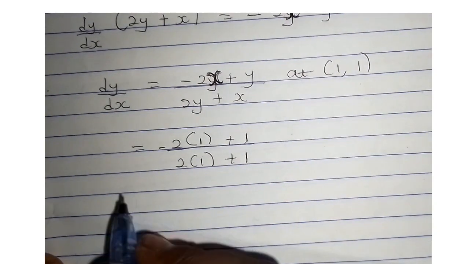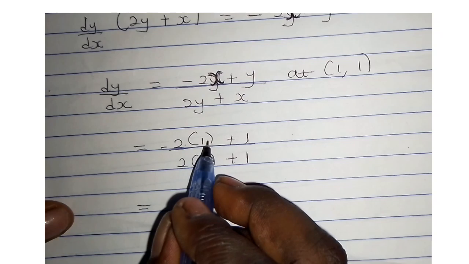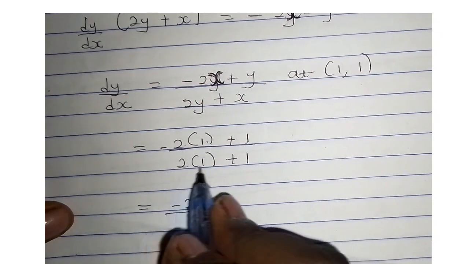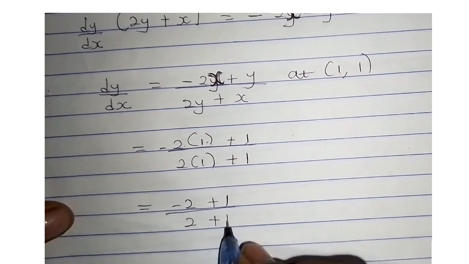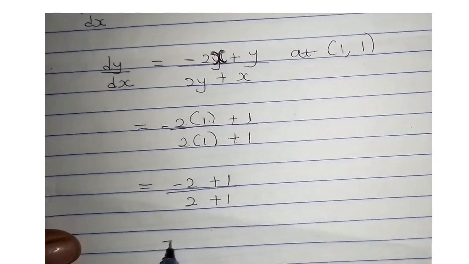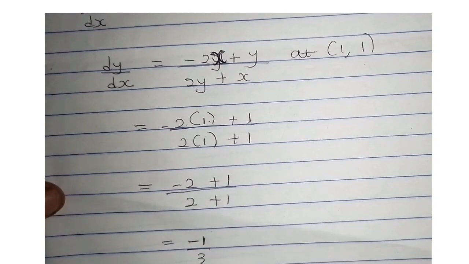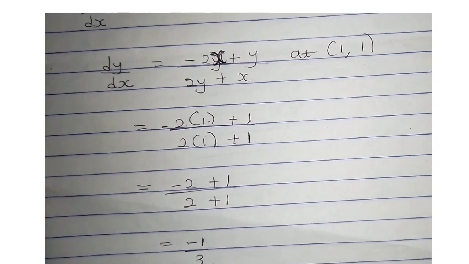We're going to have minus 2 multiplied by 1 is minus 2 plus 1, over 2 times 1 is 2 plus 1, which is going to give us minus 2 plus 1, which is minus 1, over 3. So there's the answer at the point (1, 1). I really hope this video is helpful.